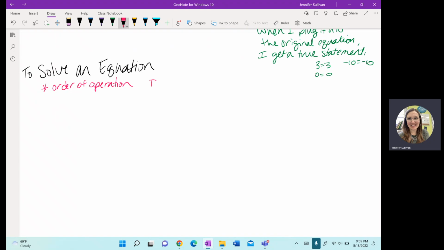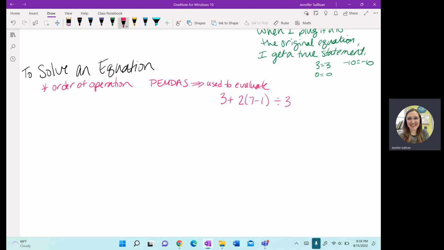Remember PEMDAS? Has anybody seen that before? This is used to evaluate an expression. So if I had something like 3 plus 2 times 7 minus 1 divided by 3.